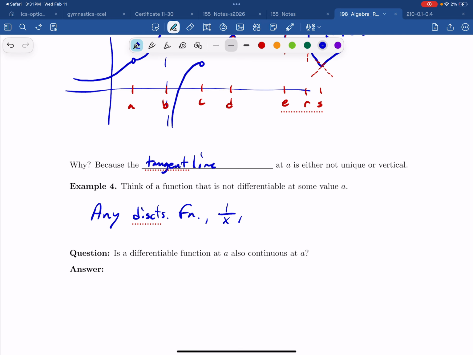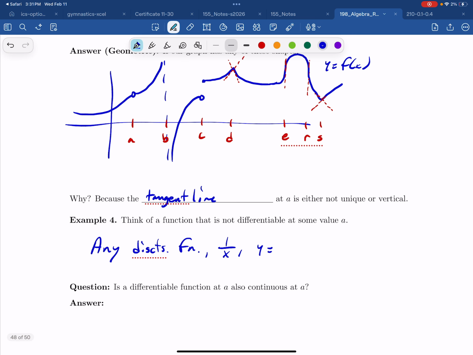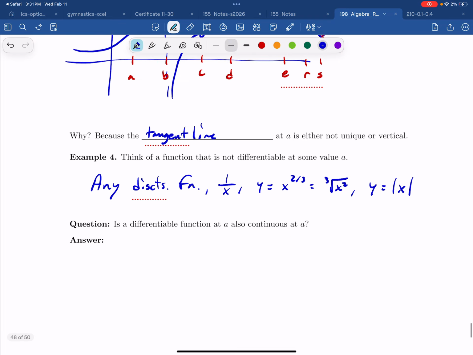You also could have y equals x to the 2/3, which is 1 over the cube root, oh, sorry, that is the cube root of x squared. You also could have y equals the absolute value of x. That gives the corner. Okay.